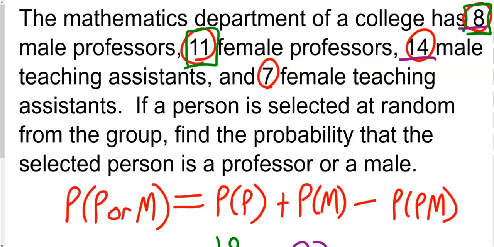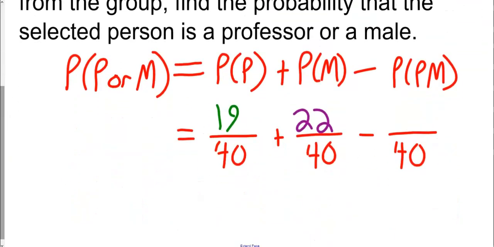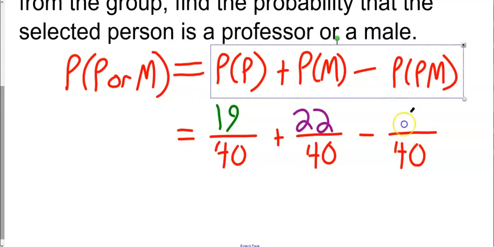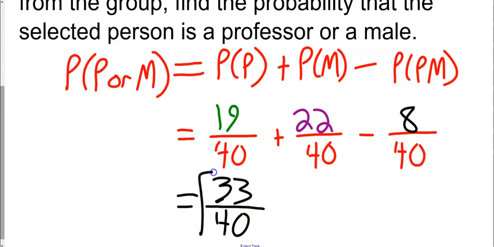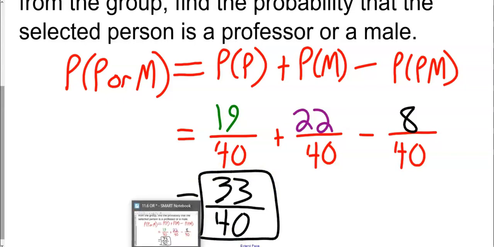So there are a total of 8 of those. You actually didn't have to work very hard for that number because it was given to you. So here's what we got. There's all of our probabilities. All we have to do is add 19 and 22, subtract 8, and you end up with 33 out of 40. And that is the answer because that cannot reduce.